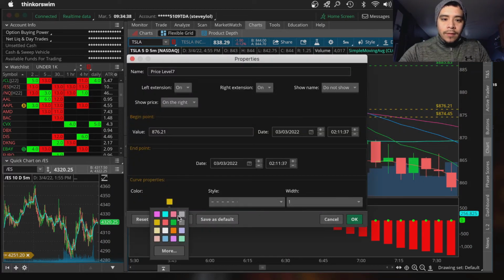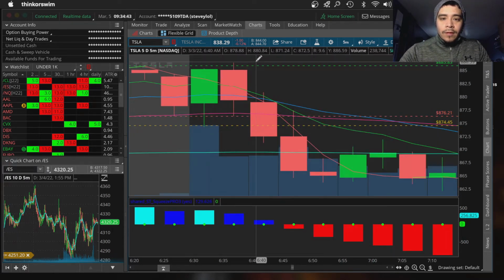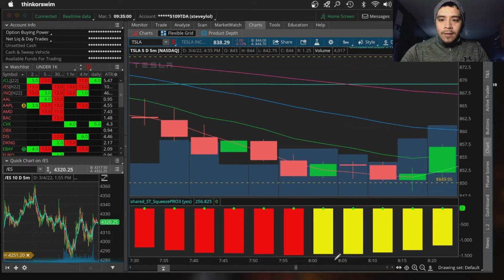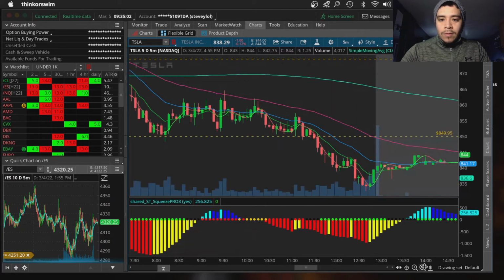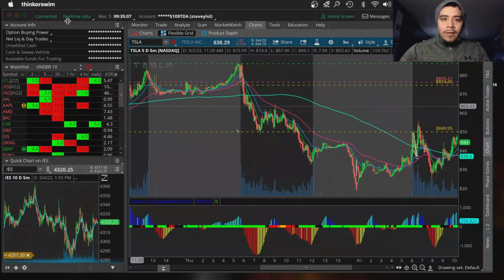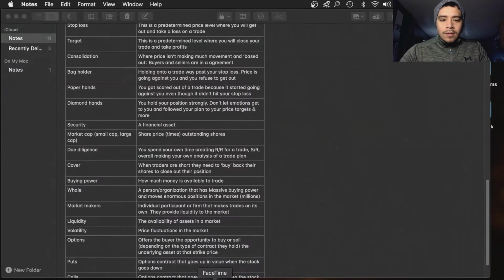Edit, make it red. Okay, you wanted to get above here, go long, but you got faked out. Here's your stop loss, the red line, but then price breaks right here. And then you just keep holding the trade, and next thing you know, you're down 100, down 200, down 300, down 400, down 600. Next thing you know, look, price went all the way down, and you just blew up your whole account. So that is a bag holder. You're holding the bag. Stop holding the bag. Okay?